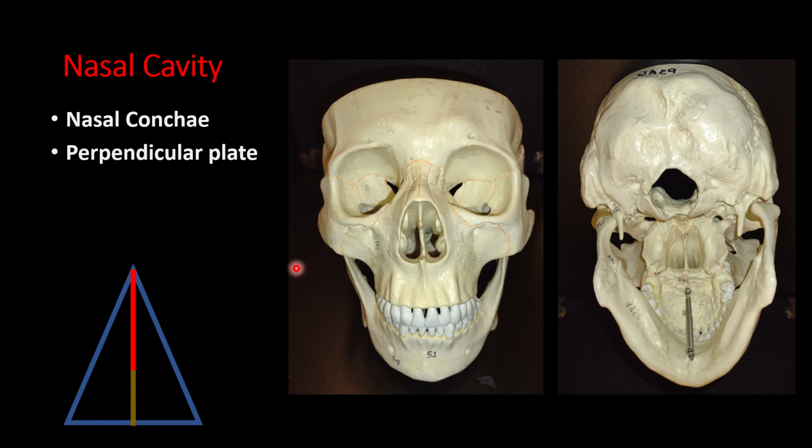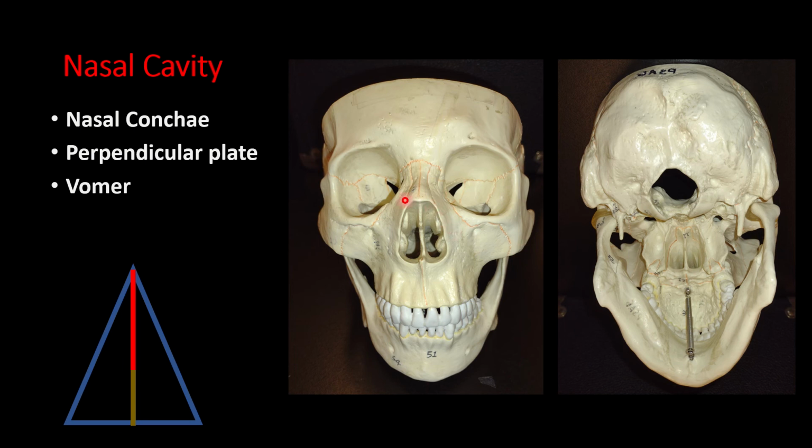Perpendicular plate. So this is the upper part of the nasal septum, and this is part of the ethmoid bone. So it's this area. And the vomer. The vomer is a single bone in the sagittal plane. So that makes the lower part of the nasal septum. So this is the vomer.